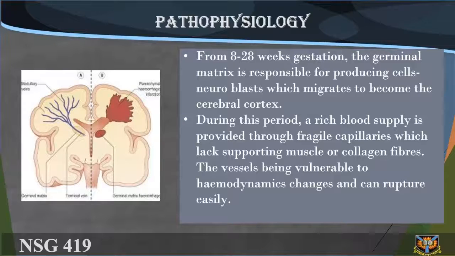From 8 to 28 weeks gestation, the germinal matrix is responsible for producing cells, neuroblasts, which migrate to become the cerebral cortex. During this period, a rich blood supply is provided through fragile capillaries, which lack supporting muscle or collagen fibers. The vessels are vulnerable to hemodynamic changes and can rupture easily.